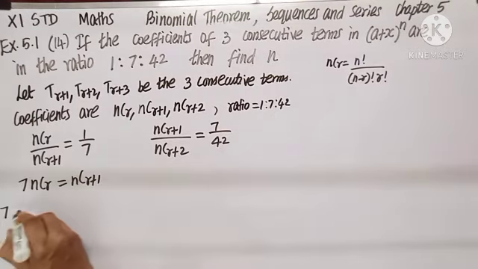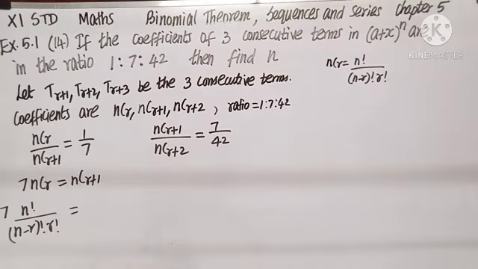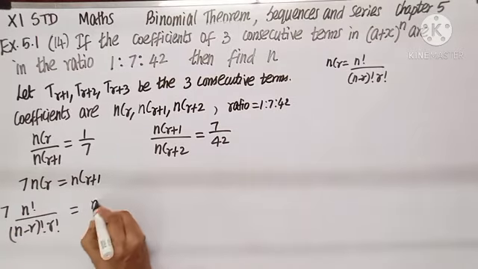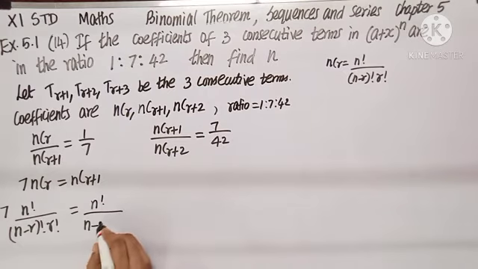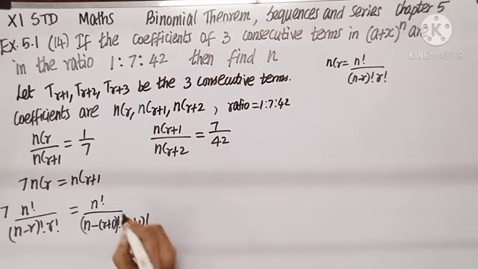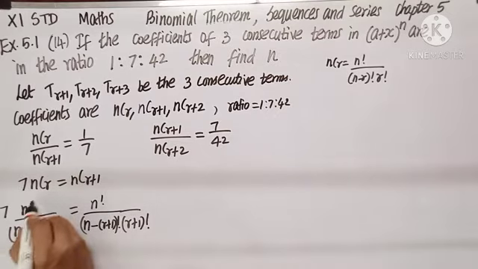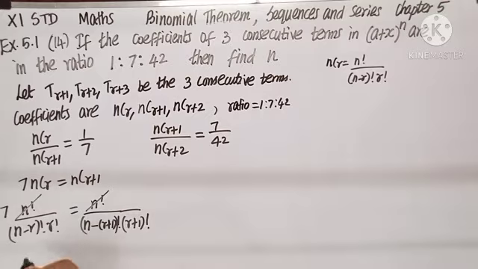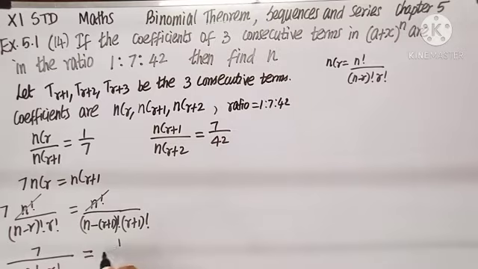Substituting the formula here, the LHS is 7 into n factorial by (n minus r) factorial into r factorial. The RHS is n factorial by (n minus r minus 1) factorial into (r plus 1) factorial. We can cancel n factorial. We are left with 7 by (n minus r) factorial into r factorial equals 1 by (n minus r minus 1) factorial into (r plus 1) factorial.